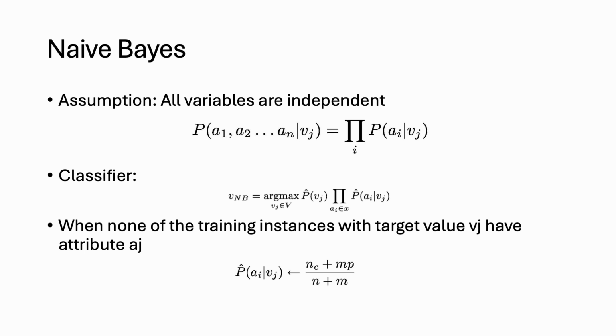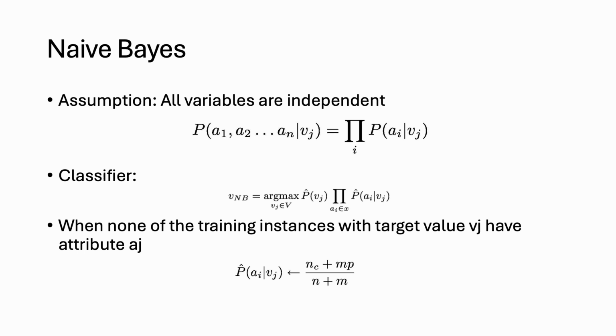This makes it much easier to compute, because it's easier to calculate the product of P of Ai given Vj than to calculate the joint probability of A1 to An given Vj.